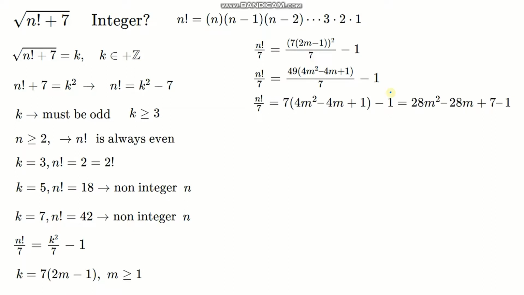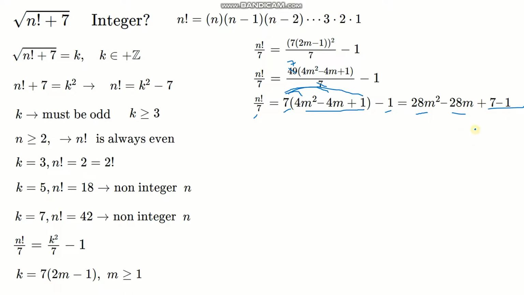Simplifying further, n factorial over 7 equals, the 49 cancels to become 7, we have 7 times 4m squared minus 4m plus 1, minus 1. And distributing, we have 28m squared minus 28m plus 7 minus 1.